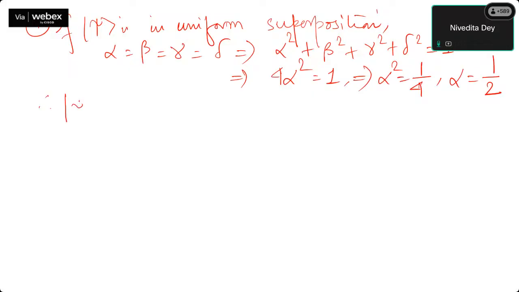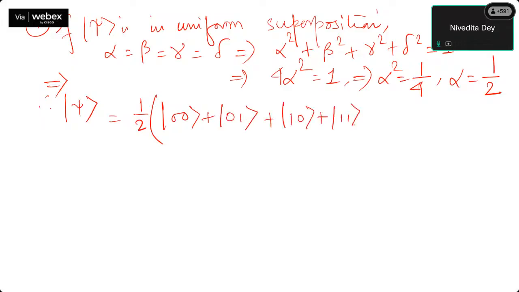So that means psi can be alternatively written as half, which you can take as common, times 00 plus 01 plus 10 plus 11. And their probability is 1 by 4.